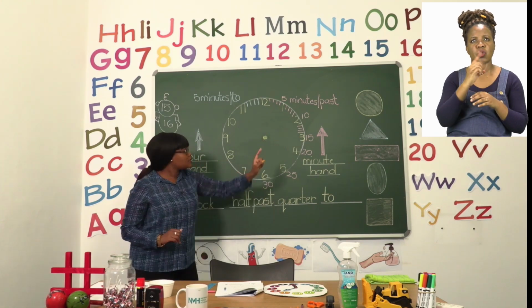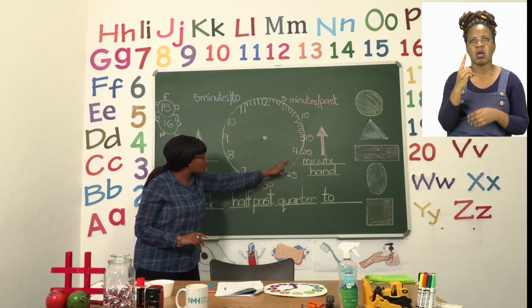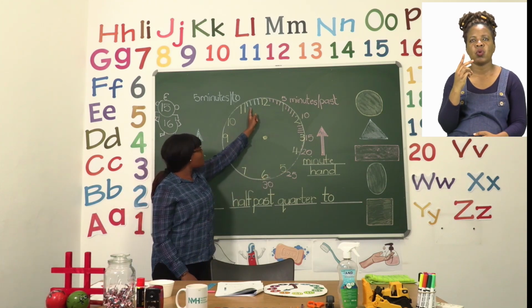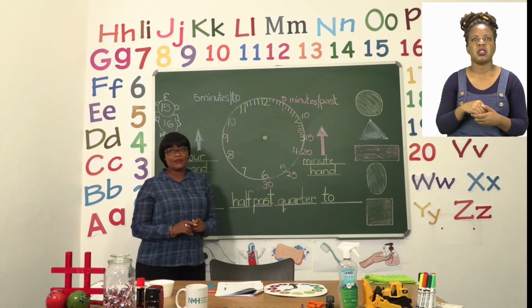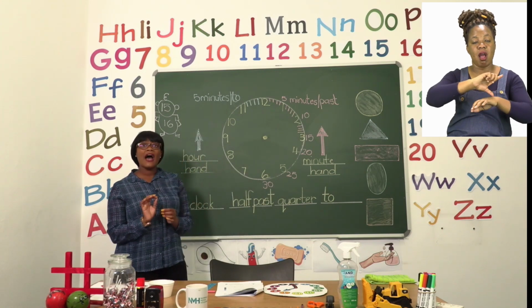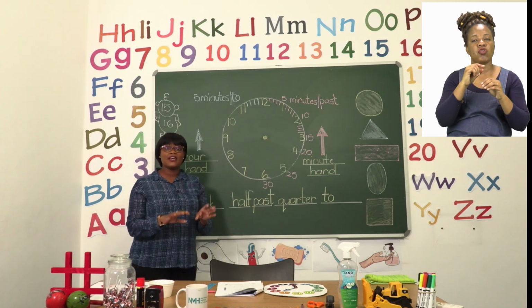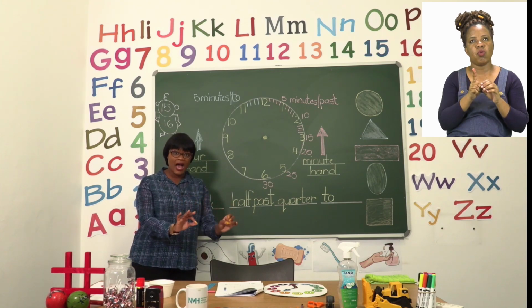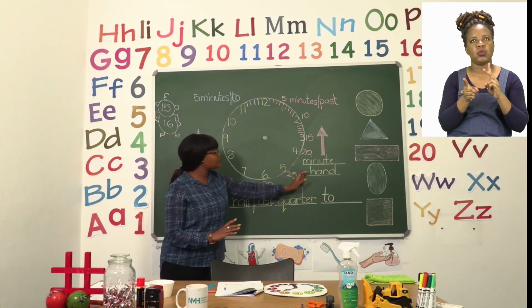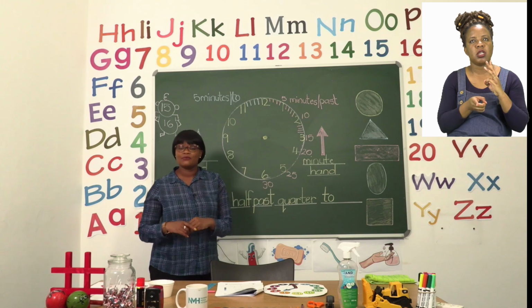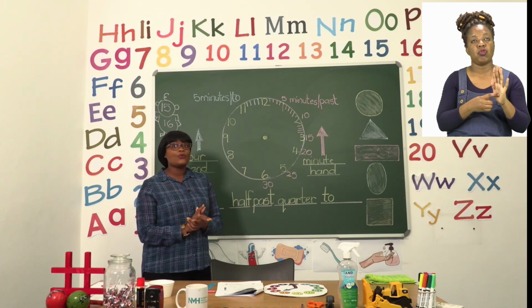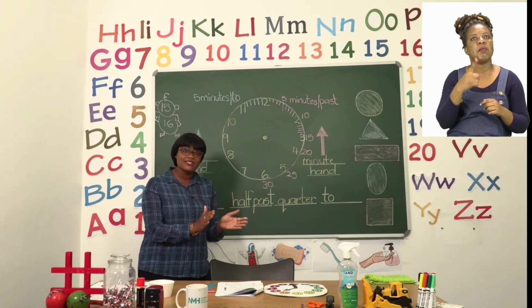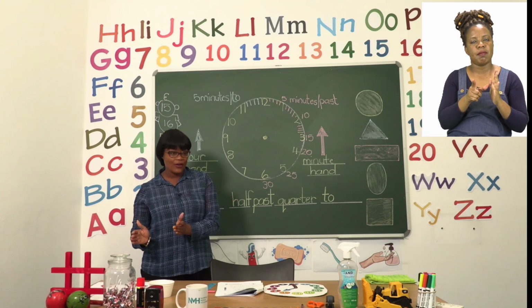And every time the minutes have gone round the clock, the hour hand moves only one number. So our hour hand tells us the time in terms of the hour, and our minute hand tells us the time in terms of the minutes. When we are reading a clock, we say the minutes first and then the hour.